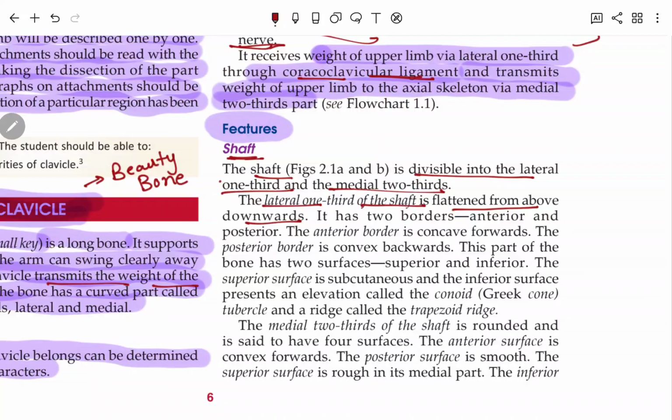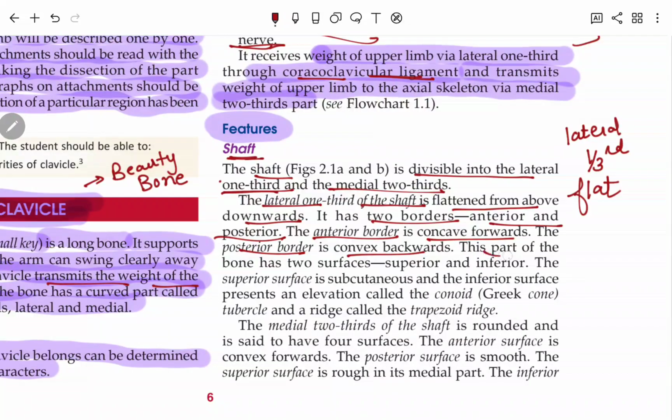Lateral one-third is flat. You need to remember just one thing and the opposite will be remembered on its own. It has two borders, anterior and posterior. The anterior border is concave forwards and the posterior border is convex backwards.